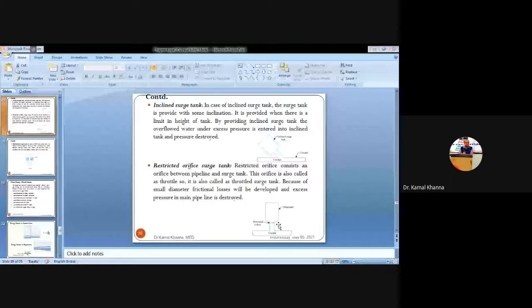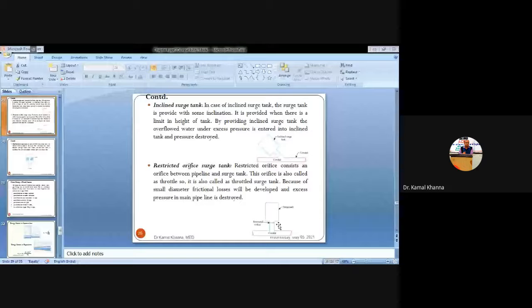Orifice is nothing but, you can easily understand, you have already seen a compact disc or CD, the central hole where you can insert your finger also, that is a kind of orifice. So an orifice is basically a circular plate having a smaller diameter hole at its axis.